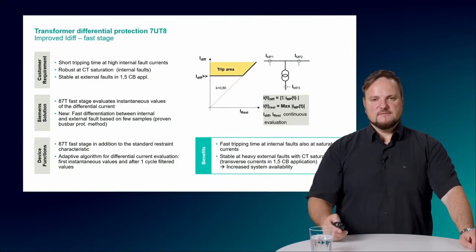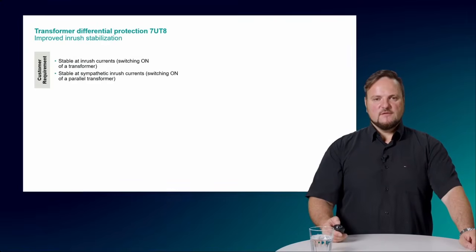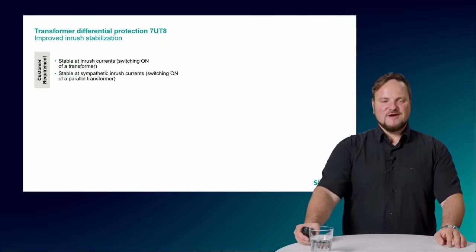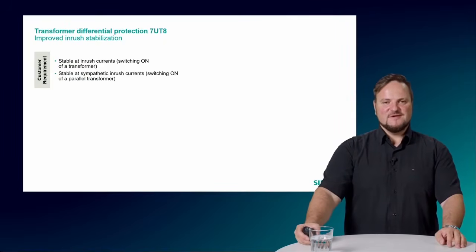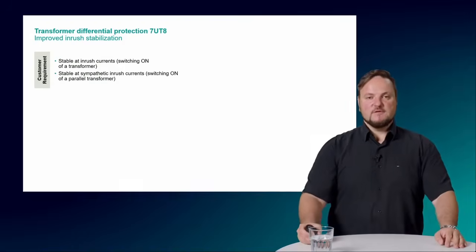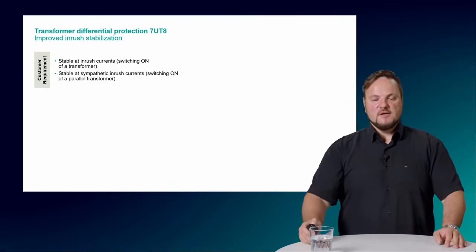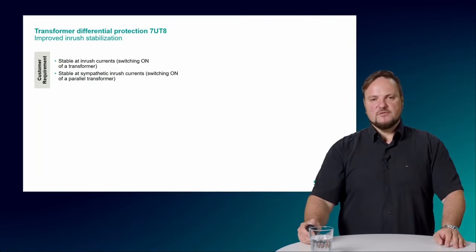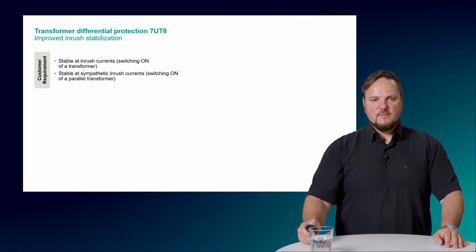Good. So then, of course, we were struggling in the past with the inrush stabilization. In the past, the inrush stabilization was based on the second harmonic, that means on the 100 Hertz component, and sometimes this was not able to energize the transformer the first time.